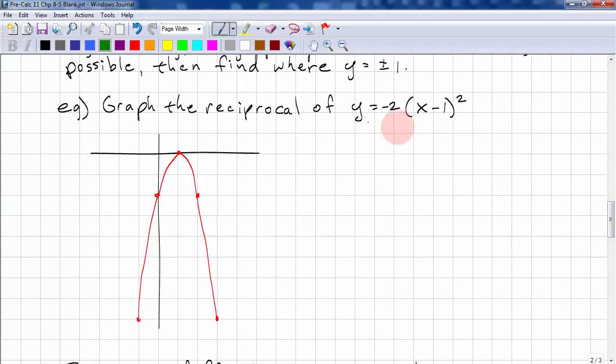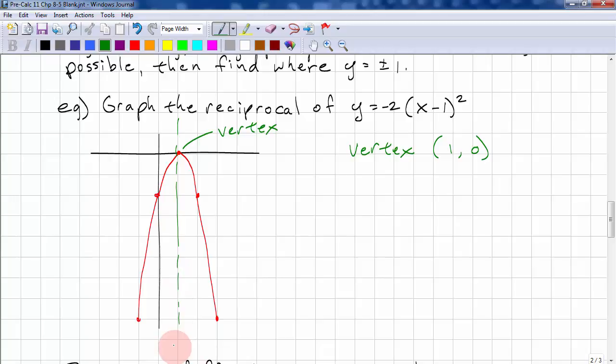Okay, let's graph the reciprocal of y equals negative 2 times (x minus 1) all squared. This is in standard form, so our vertex is 1, 0. This is our vertex. And because we have the vertex, we have our axis of symmetry.